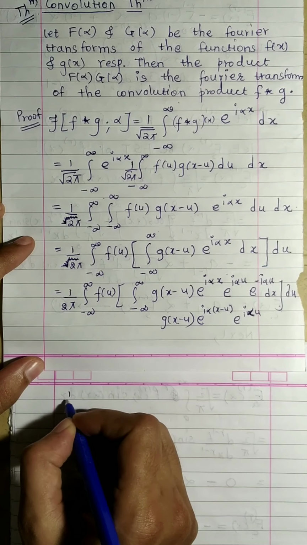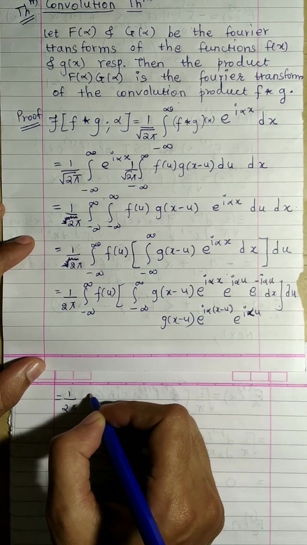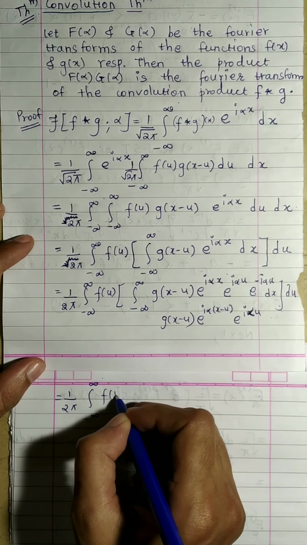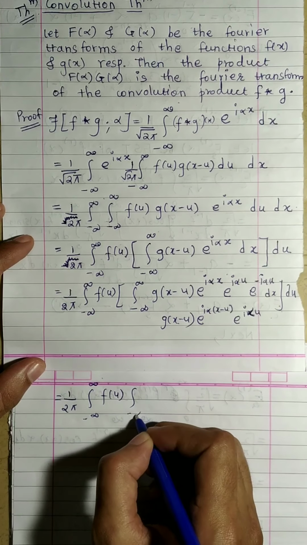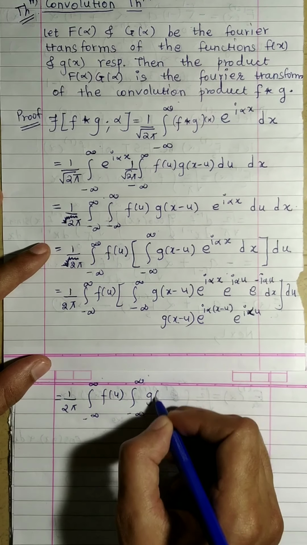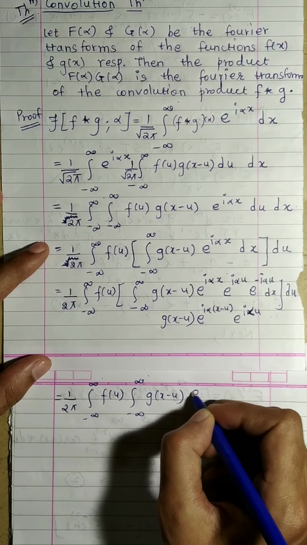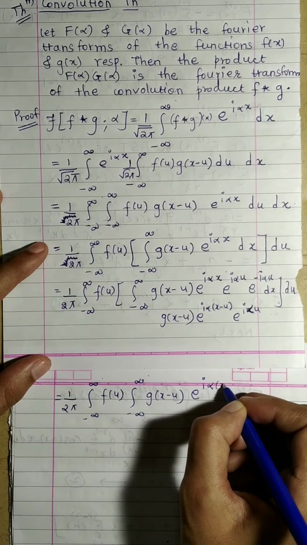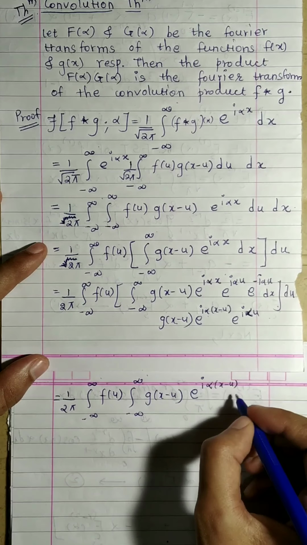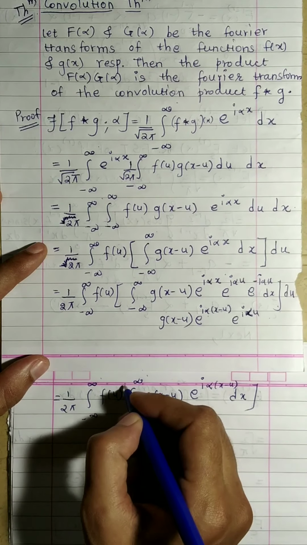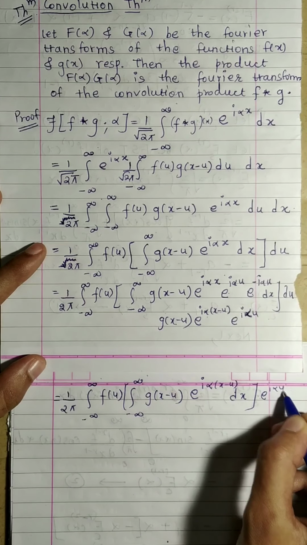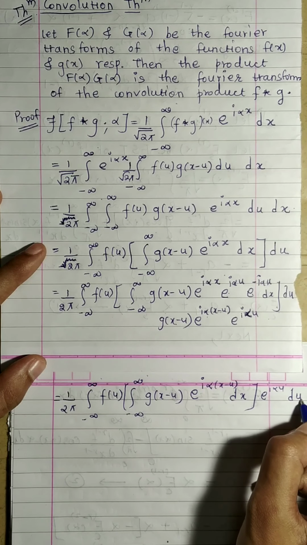So here I will get 1 upon 2 pi integral from minus infinity to infinity f of u, integral from minus infinity to infinity g of x minus u e raised to I alpha x minus u dx, with e raised to I alpha u written outside, into du.